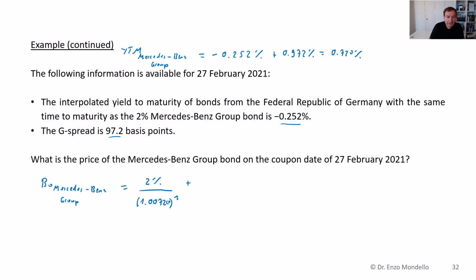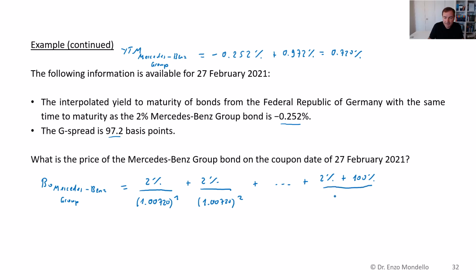Then we take the next coupon, which is 2% and which will be paid in 2 years, and we are discounting it back with 0.72% over 2 years, and so forth. And the last cash flow consists of the coupon of 2% plus the par value of 100% paid at maturity, so paid on the 27th of February 2031.